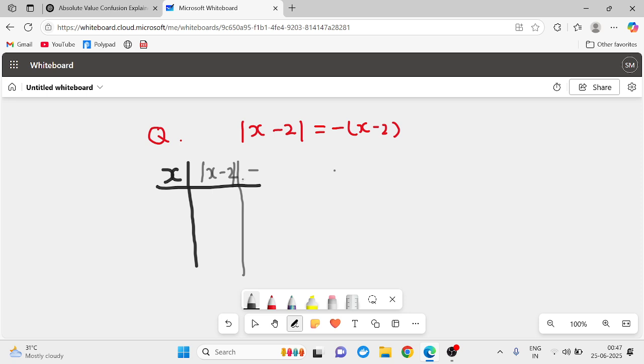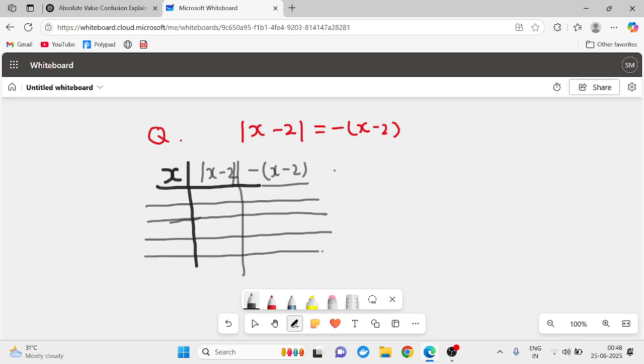And this will be the bracket of x minus 2. So the objective is to choose such values of x such that the left hand side and the right hand side both become equal. So what's there in the left hand side? In the left hand side it's given mod of x minus 2. In the right hand side is given the negative of x minus 2. Again here may come the cognitive bias, that is x minus 2.